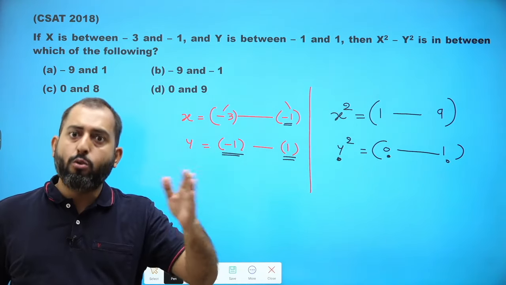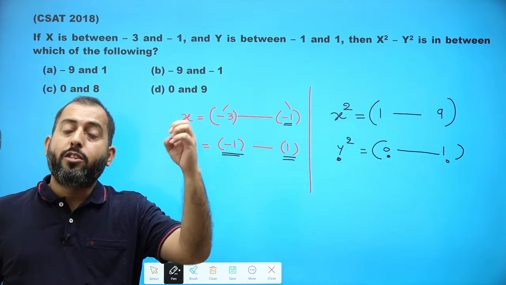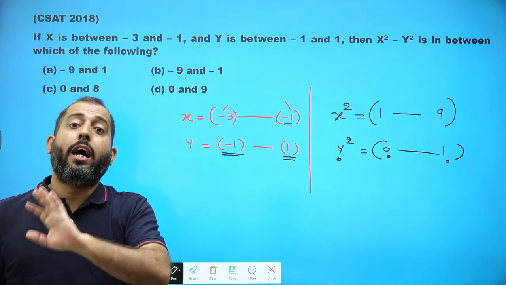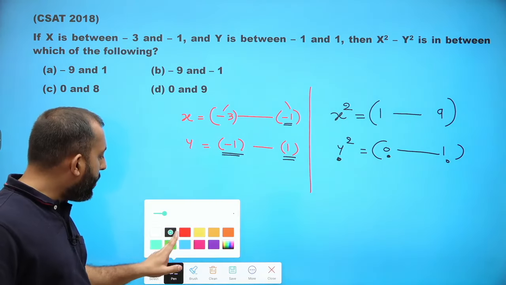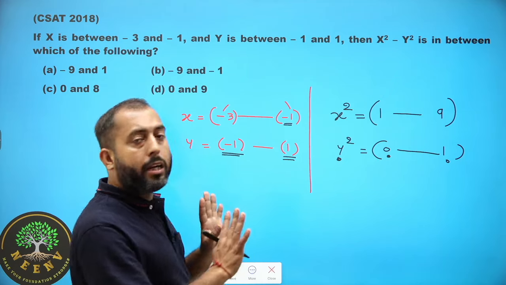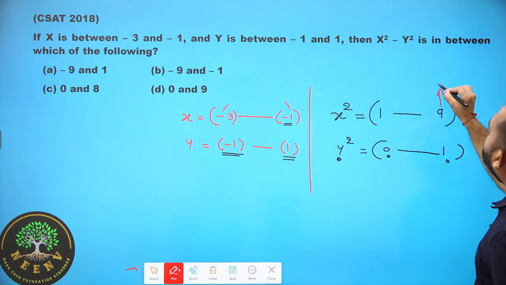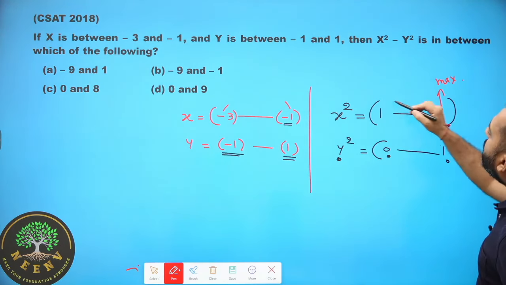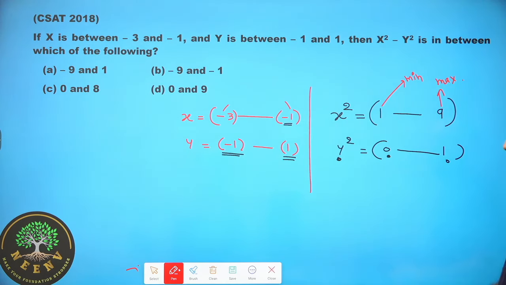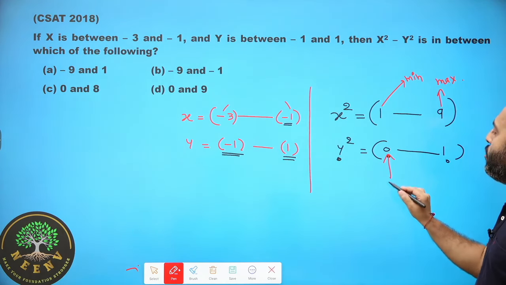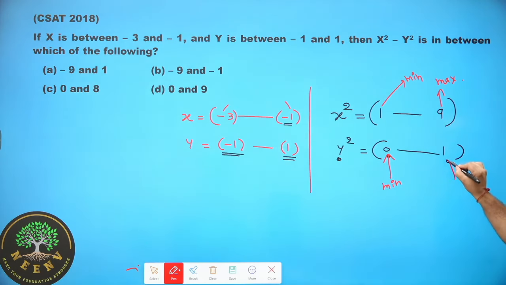It can be 0, 0.2, 0.3, 0.4, 0.9, 0.912, any decimal that lies between 0 and 1. So it is pretty clear now that the maximum value of x square will be 9 and the minimum value of x square will be 1. The minimum value of y square will be 0 and the maximum value of y square will be 1.